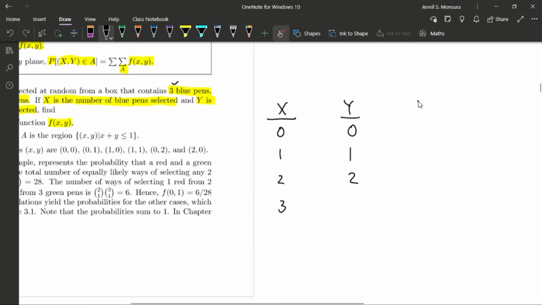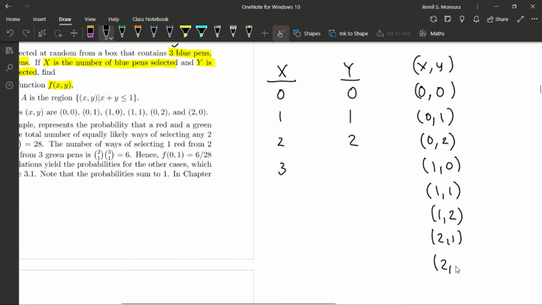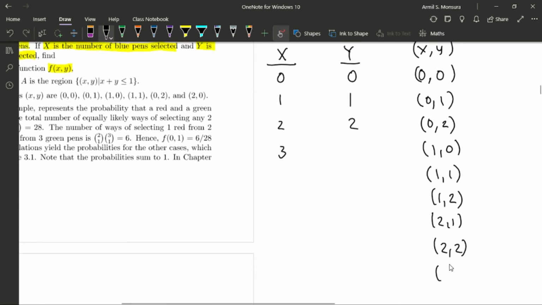So the possible xy combinations that we can generate out of this are 0,0; 0,1; 0,2; 1,0; 1,1; 1,2; and I forgot here yung 2,0. So 2,0; 2,1; and 2,2.